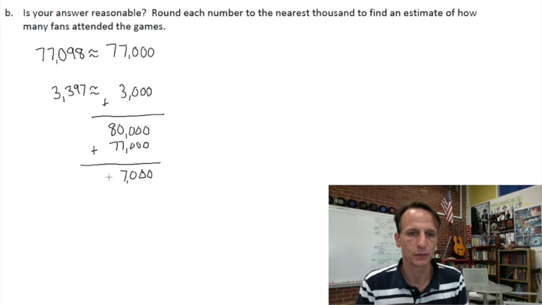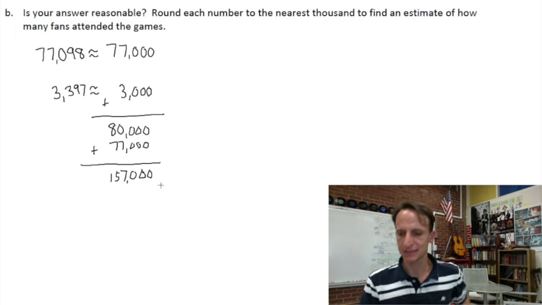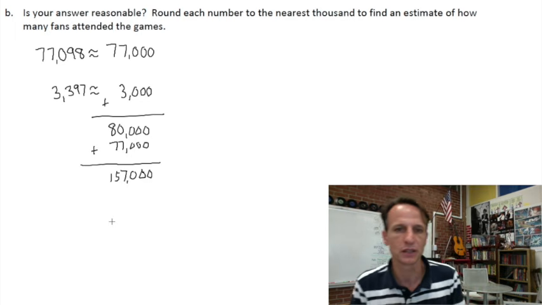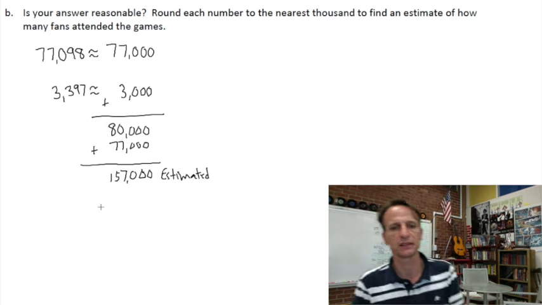And 8 and 7 we know are 15. We had just done that one recently. So 157,000 is our estimated number of fans at both games. I'm just going to write estimated.